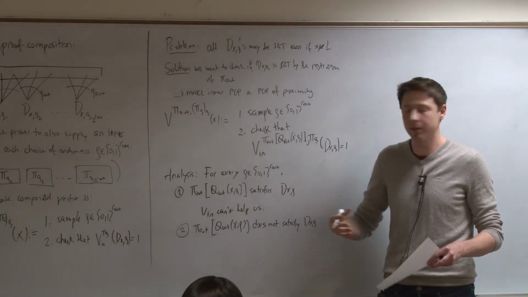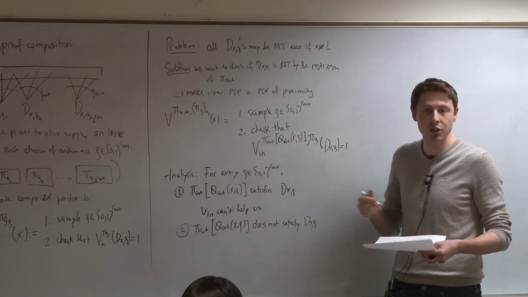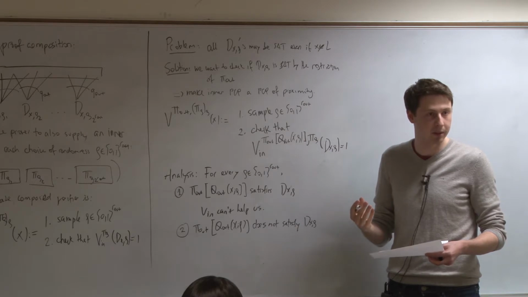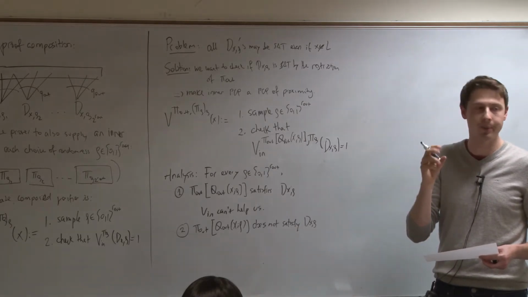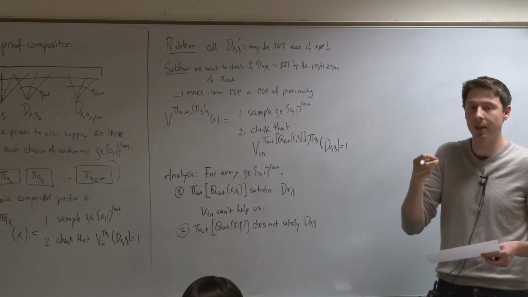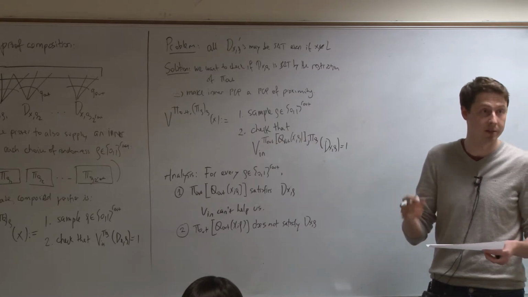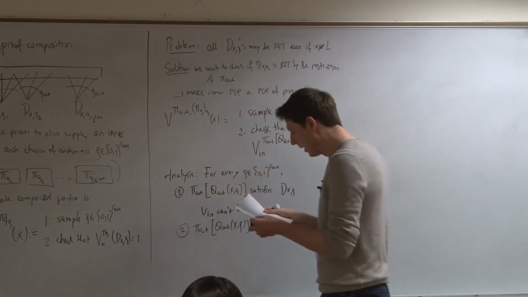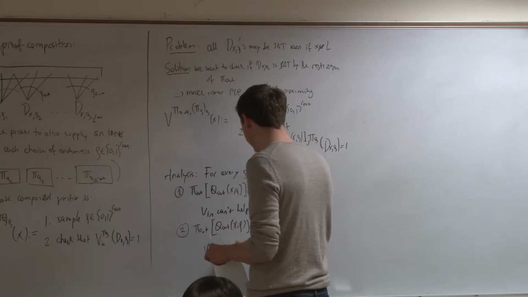He would have to read all of this to catch this with constant probability. So PCP proximity will save us when there is a witness, provided the thing that we're checking is far from any valid witness. So here, unfortunately, V in still can't help us.